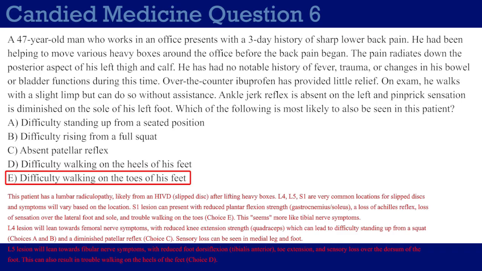That's why choice D is the incorrect answer here, because like I said at the beginning, this vignette is giving you a lot of hints that this is an S1 lesion because there is a lacking Achilles reflex and there is a loss in sensation on the sole of the foot, which all implies more tibial nerve distribution, which would be connected back to S1.